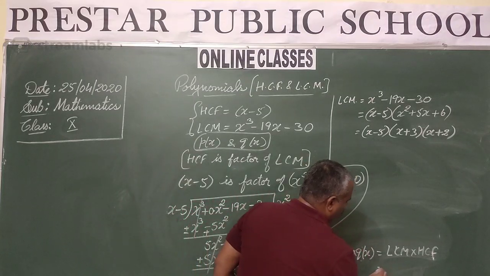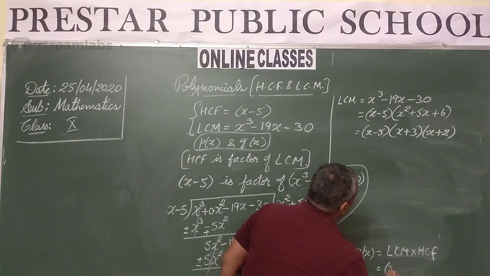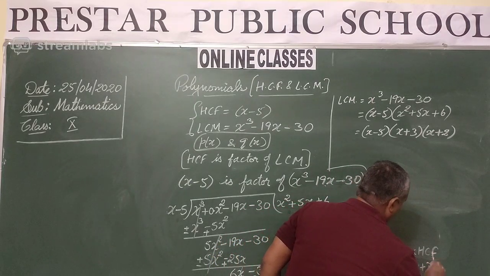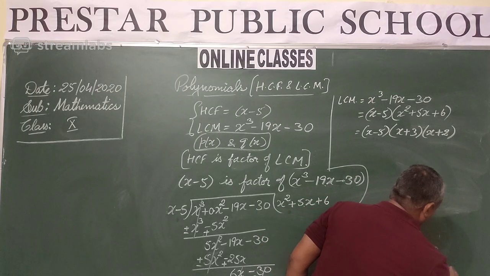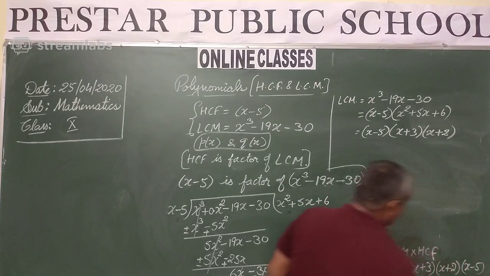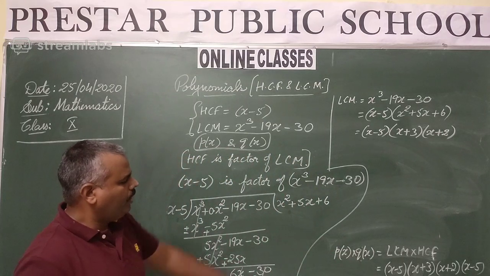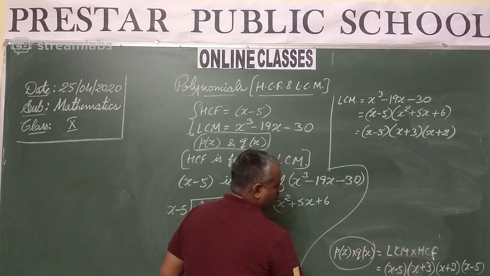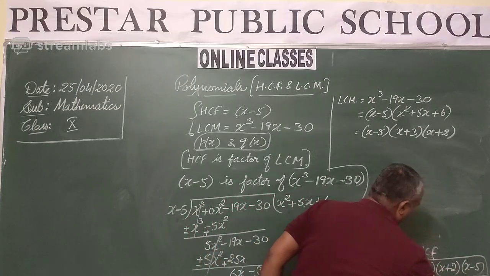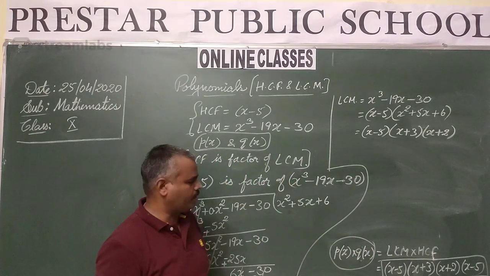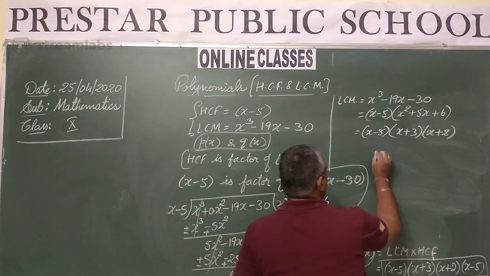So the product of the two expressions becomes x minus 5 multiplied by x plus 3 multiplied by x plus 2, and again multiplied by x minus 5. So the product of these two expressions is equal to the product of these four factors.